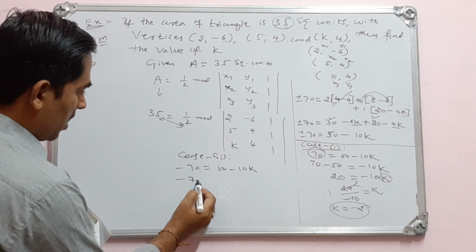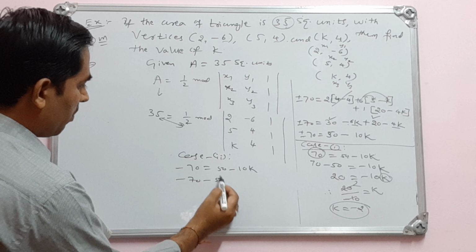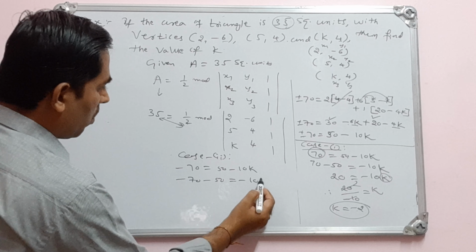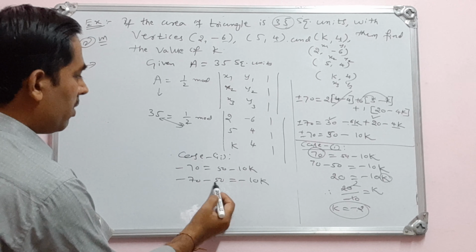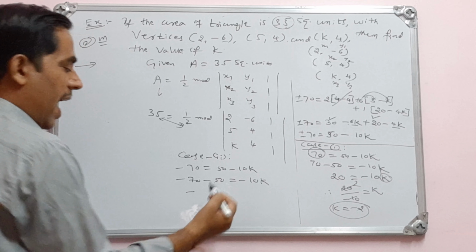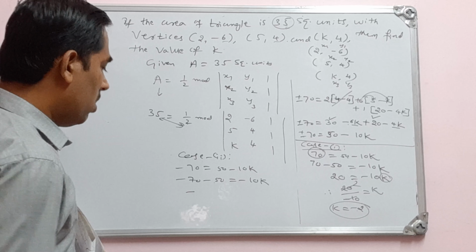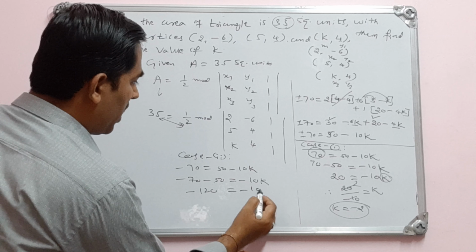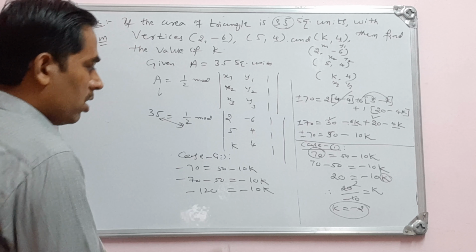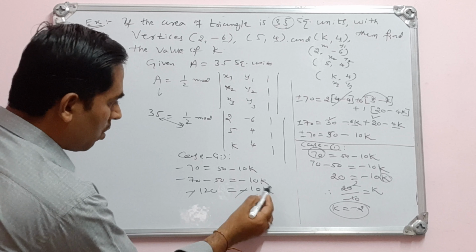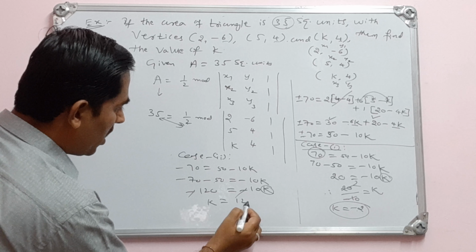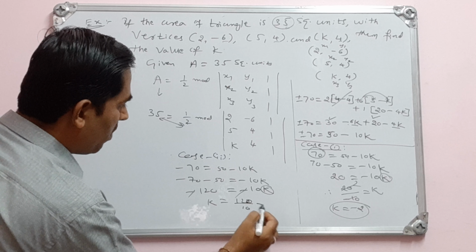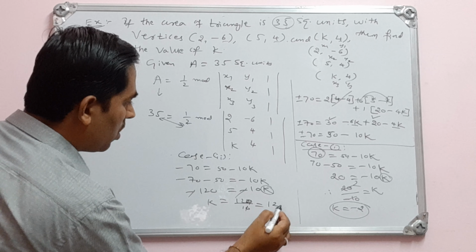Once again shift 50 to the left hand side: minus 70 minus 50, like signs are there, you add 70 and 50. This will be 120 is equal to minus 10k. The minus sign cancels on both sides, so you solve for k. k is equal to 120 divided by 10, that will be 12.